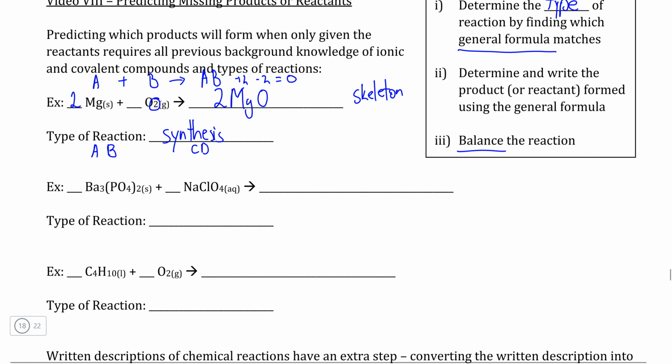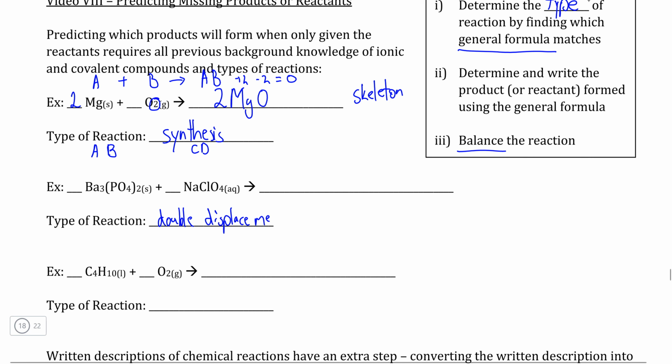And again, if we recognize what type of chemical reaction matches this general formula, there is only one type of chemical reaction involving two ionic compounds that react together, and that, of course, is the double displacement reaction.